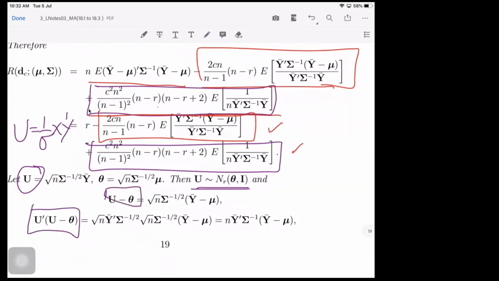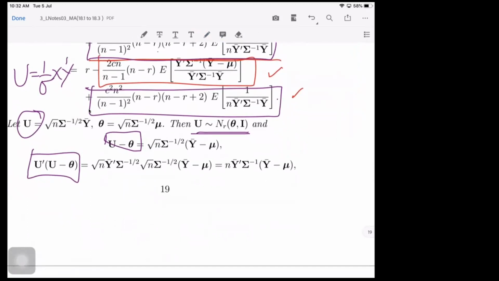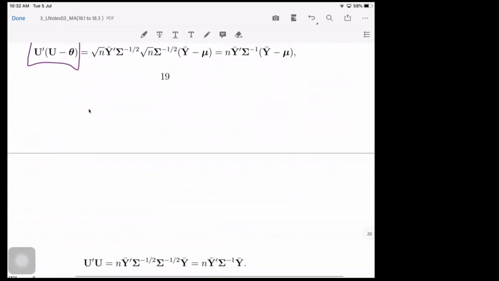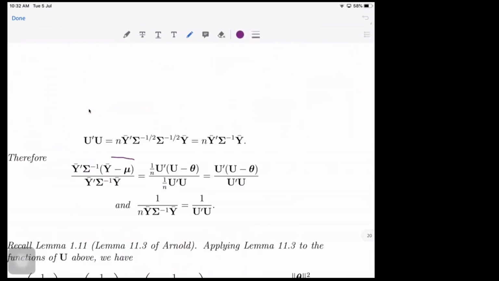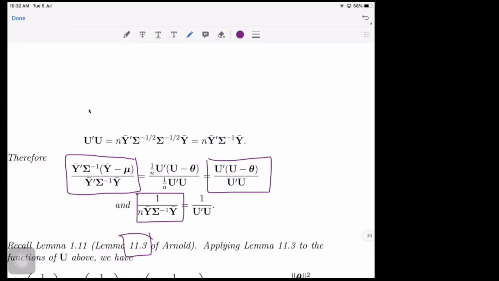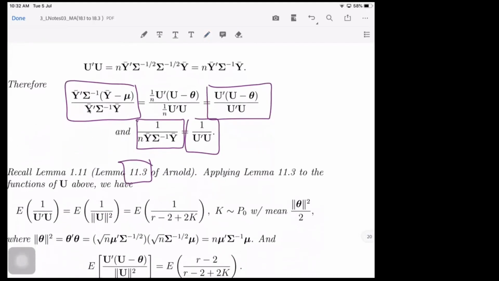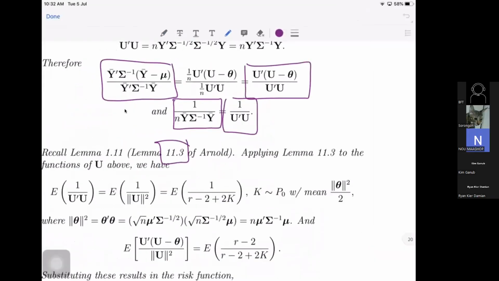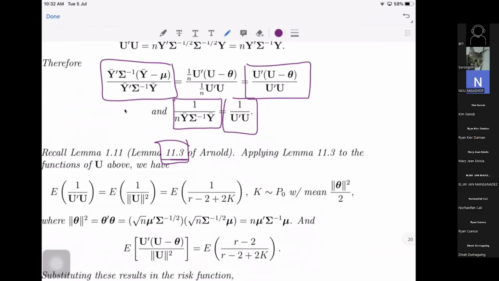That's why I discussed the univariate case kay masayon, and then ma-extend ra ninyo sa multivariate case so that you can write this quantity in this manner. Manaana dayon katong lemma 11.3. And then you can write this term into 1 minus U prime U. So ato na i-convert. Gamito nimo ang lemma 11.3.